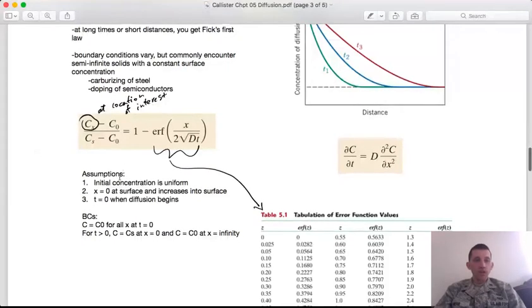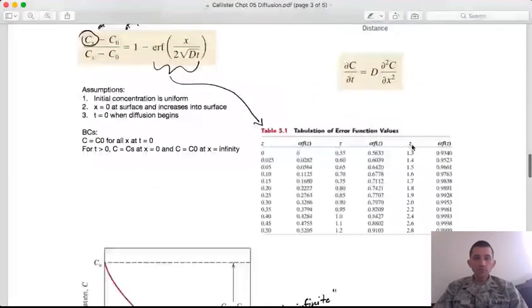assumptions, and assuming a few things, that we have an initial uniform concentration, defining the surface as x equals 0, and t equals 0 is when we start the diffusion, we develop this expression here that incorporates our initial concentration, our surface concentration, our depth, our diffusivity, the time, and includes this error function.